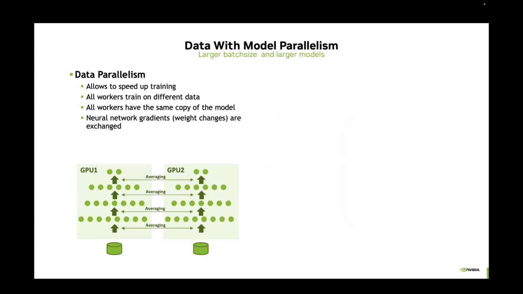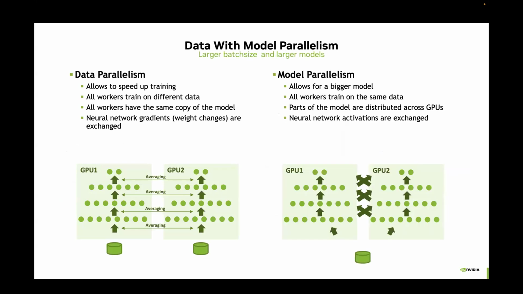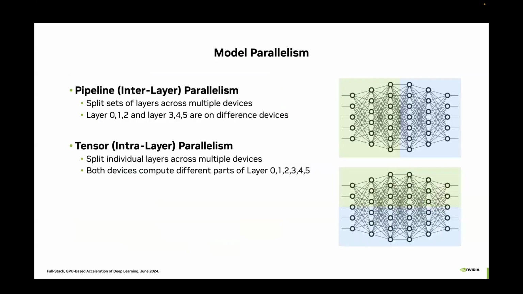And for those that need a refresher about different types of parallelism: data parallel allows you to speed up training, right? You basically say, what I'm gonna do is have everybody doing a compute, and we're gonna average it. Or you can do model parallelism, where each GPU is running a piece of the model, and you exchange the data. And even with model parallelism, you can do it in multiple ways. One way is to say the front half of the network is one place, and the next part of the network is another.